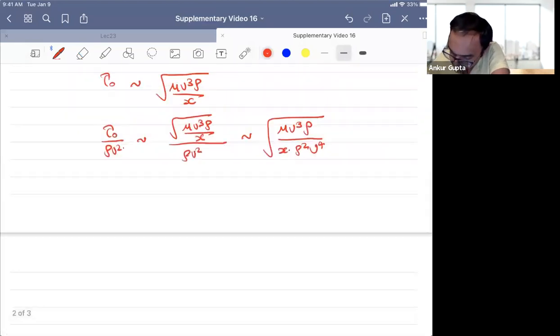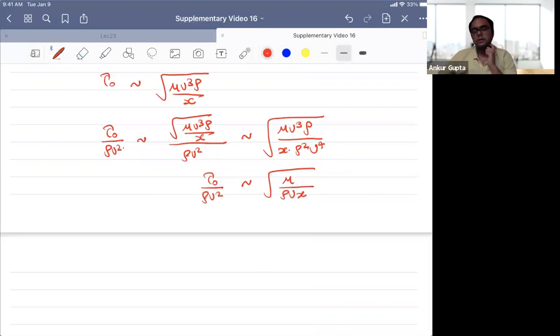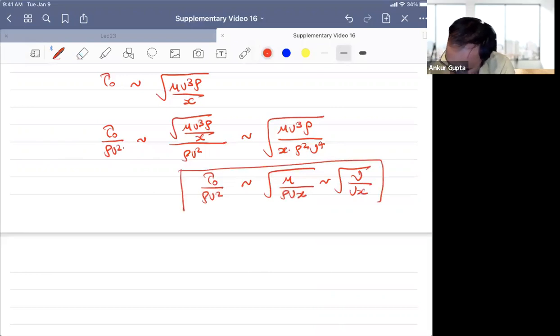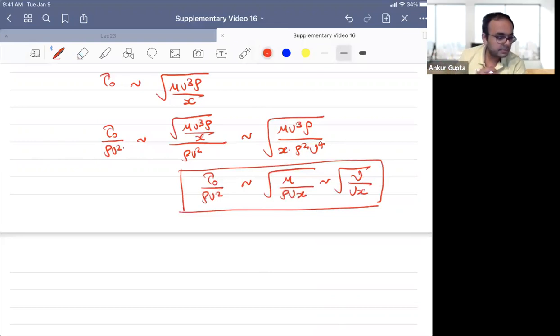Or if you see, this actually becomes tau naught by rho u square becomes square root of mu by rho u x, or you can write this as mu by u x, which is dimensionless. And if you recall, in the class we had derived the prefactor here, and the prefactor is actually something like 0.664, which is very close to 1.